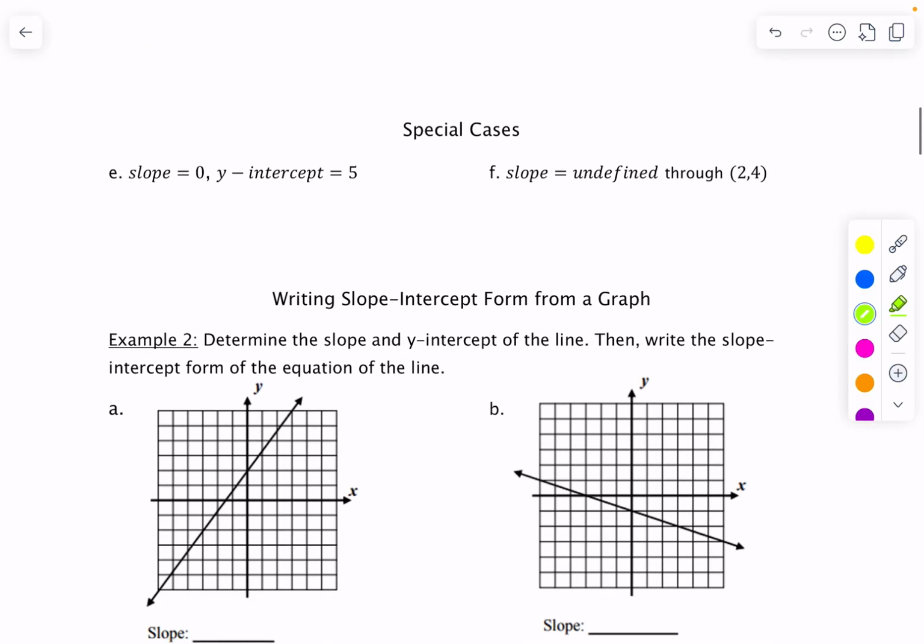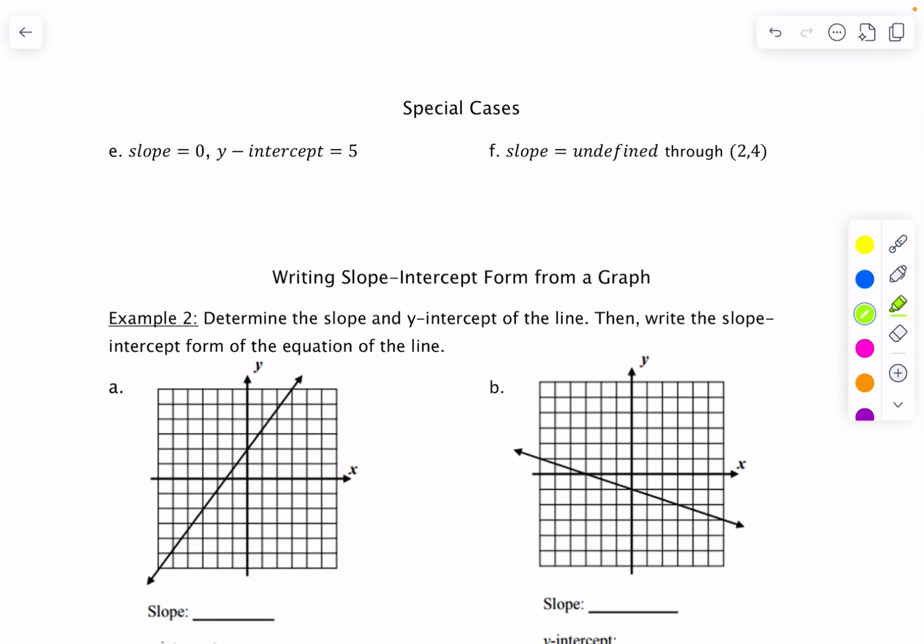There are special cases to what happens if the slope is either 0 or undefined. We talked about 0 and undefined slope earlier in the last lesson. So remembering that the slope of 0 in example E is going to be a line that is horizontal like this.